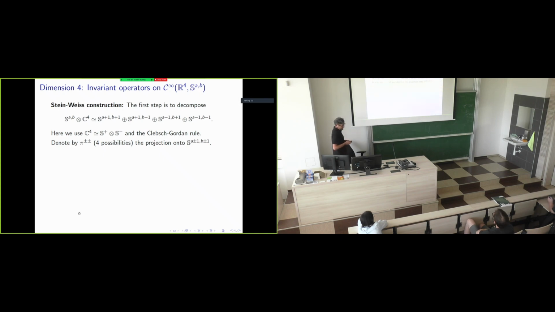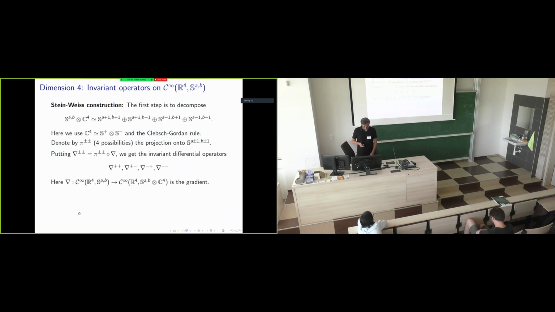We denote by pi plus minus the projections onto the corresponding pieces of the decomposition, and by composing these projections with the gradient, we get 4 differential operators: nabla plus plus, nabla plus minus, nabla minus plus, and nabla minus minus. The operator nabla plus minus, for example, increases A and decreases B by 1.